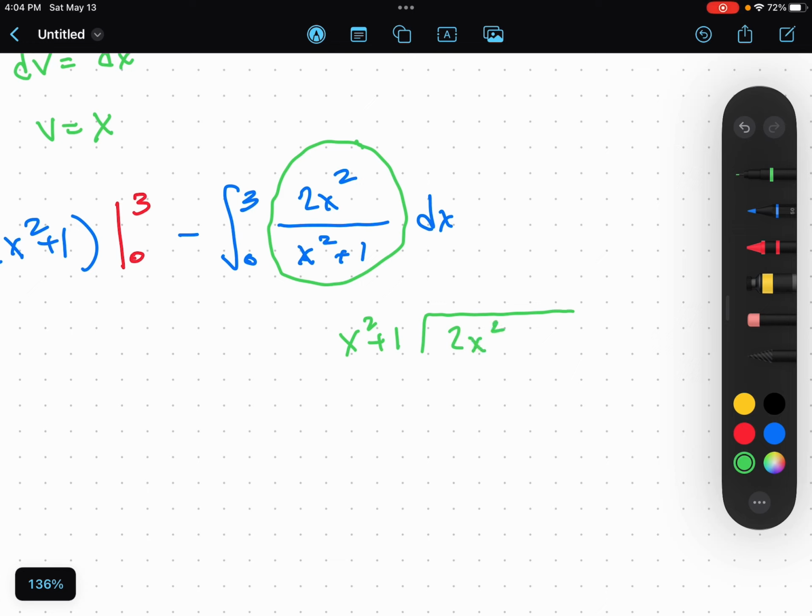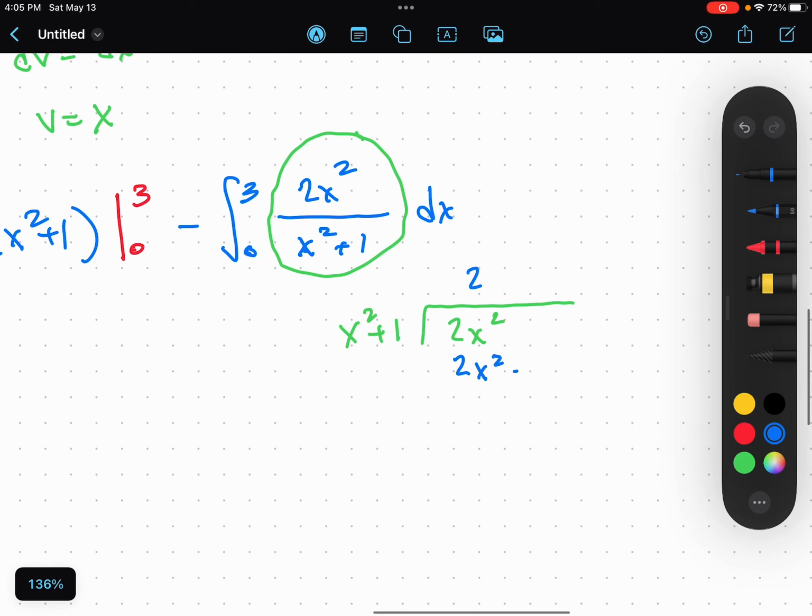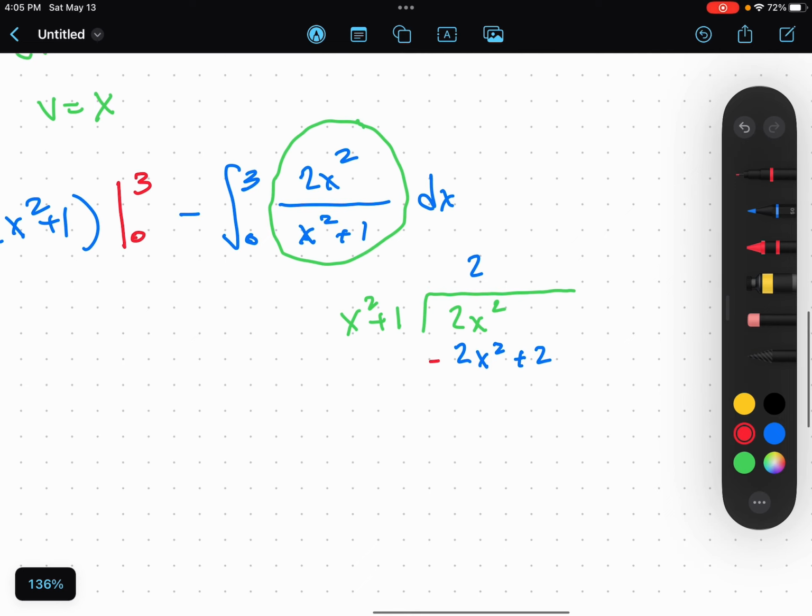So the way we do this is we see how many times x squared will go into 2x squared, and it turns out it goes in twice, right? 2 times x squared is 2x squared. That's what we wanted. But then I also have to do 2 times 1, which is 2. And then the algorithm is that we subtract down. So I have to do a placeholder here of 0.